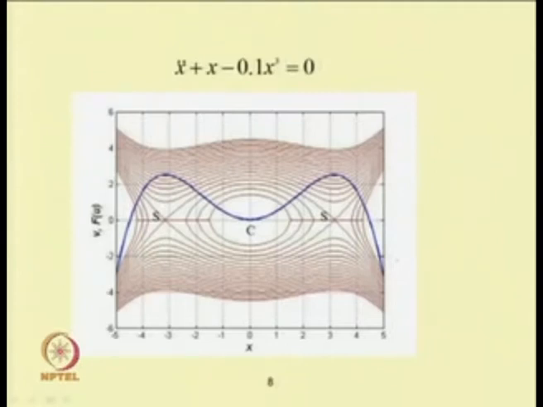For example, corresponding to the maximum potential energy we have the saddle point, and corresponding to the minimum potential energy we have the center. So, this shows the variation of the potential energy, and these other curves show the flow of the response.